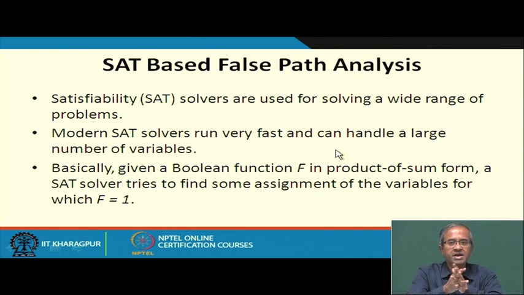So, now we look at another approach to detecting or identifying false path, that is based on using a SAT solver. SAT stands for satisfiability.